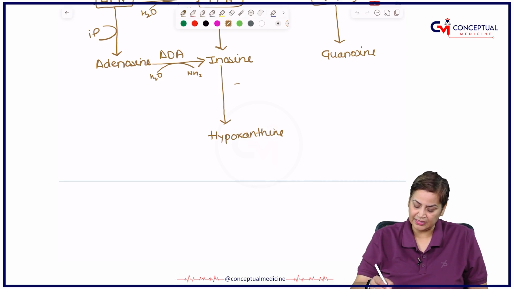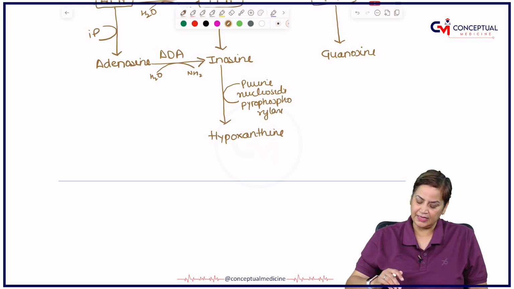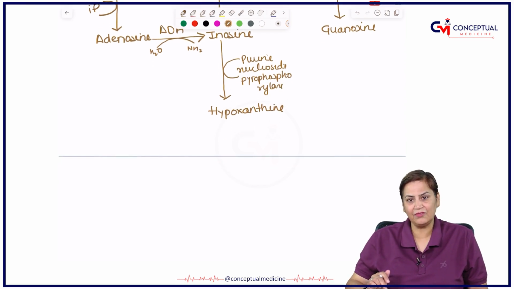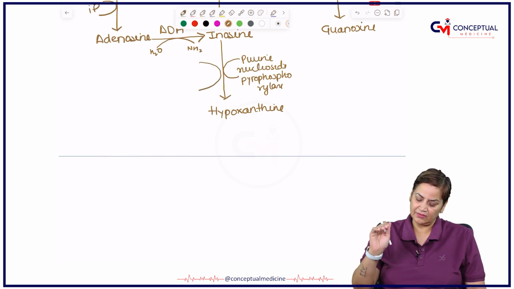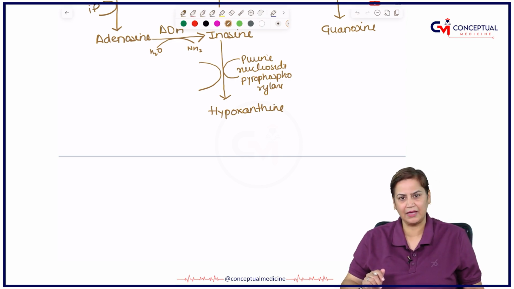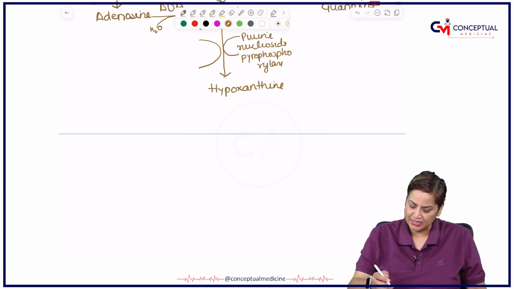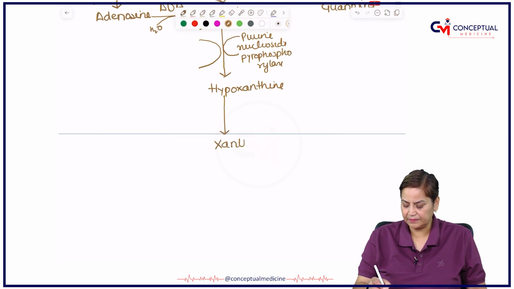And the enzyme here is purine nucleoside phosphorylase. So hypoxanthine will be produced, and the phosphate and the sugar part of inosine are given out, the leftover is hypoxanthine.